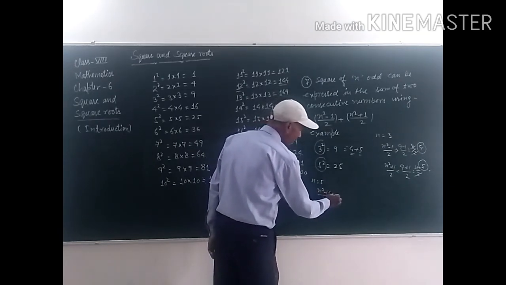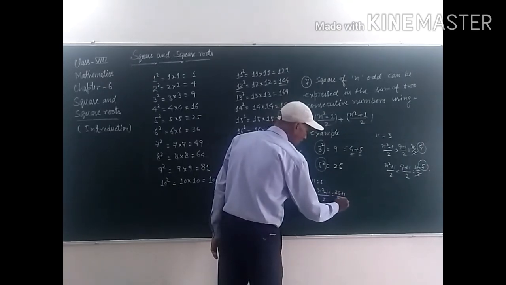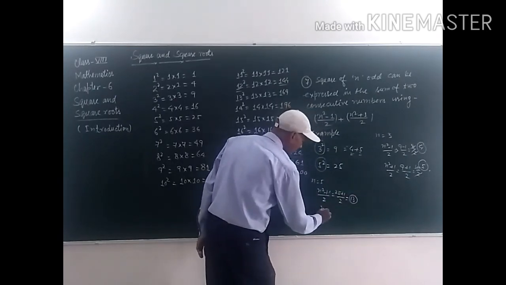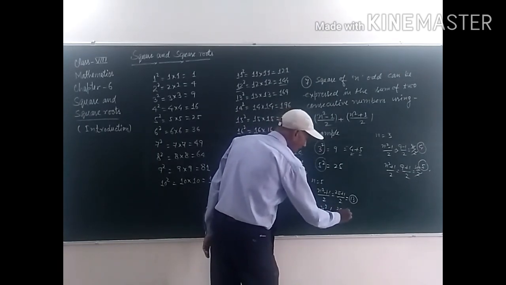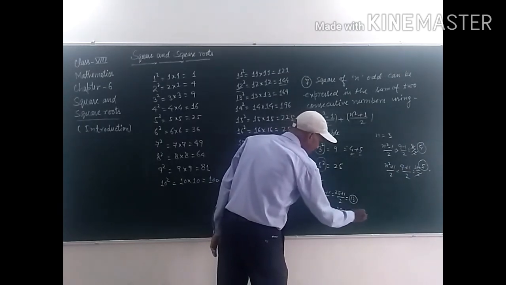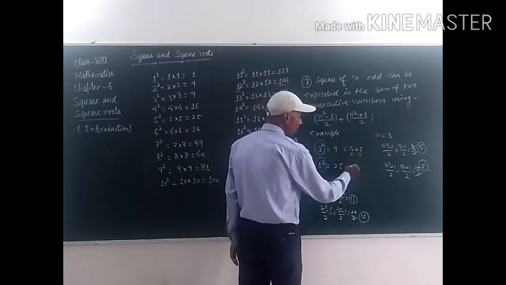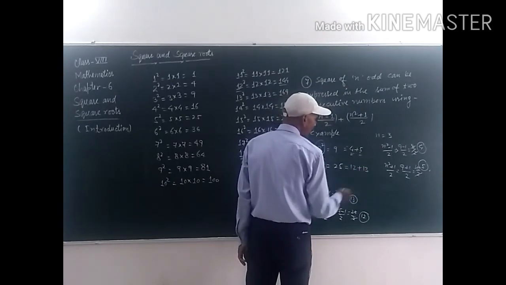That will be 25 plus 1 by 2, it means 13, and n square minus 1 by 2, it means 25 minus 1, 24 by 2, that is 12. So we can express it as the sum of two consecutive numbers, that is 12 and 13.